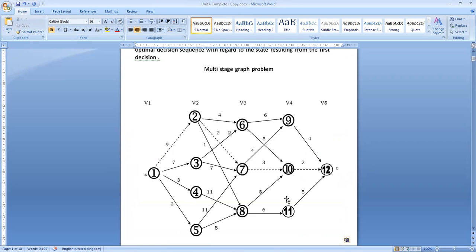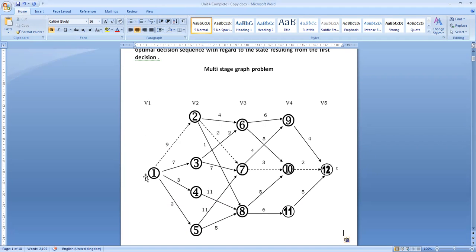It's a multi-stage graph. Now, this graph is made up of various vertices and various edges. So it is an edge, it is an edge, it is an edge from 1 to 4, it's an edge from 1 to 5, like this. But you see how the vertices are arranged. The vertices are arranged in various stages.